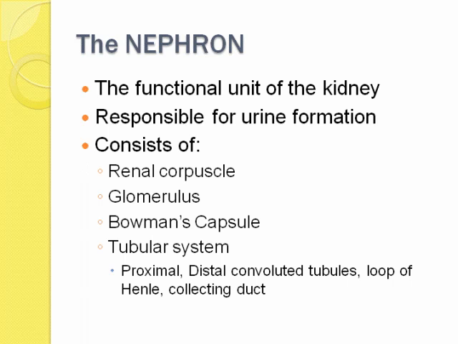So perhaps the most important part of the kidney is the nephron, and it certainly is the functional unit of the kidney and is key in urine formation. So the nephron consists of renal corpuscles, the glomerulus, the Bowman's capsule, and a very complex tubular system.